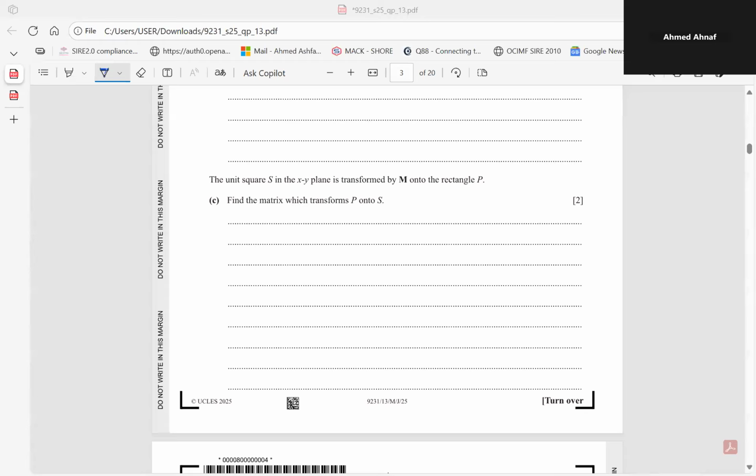Okay, so for this part, we're told that the unit square S in the xy plane is transformed by M onto the rectangle P. So S has been transformed by M into the rectangle P. And for this part, we have to find the matrix which transforms P onto S. For this, you have to know that if a certain shape gets transformed by matrix M into another shape P, then to transform back into the original shape, from P to S, you're going to have to use the matrix M inverse.